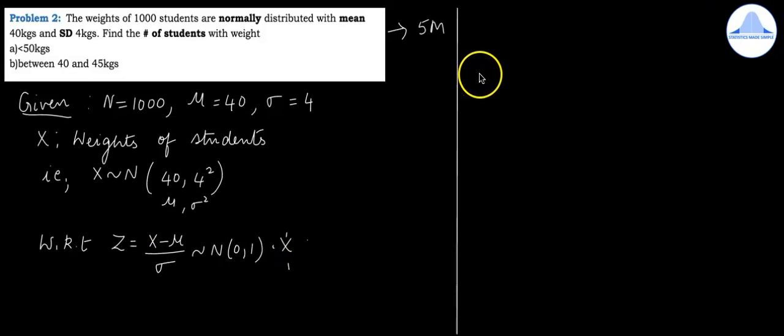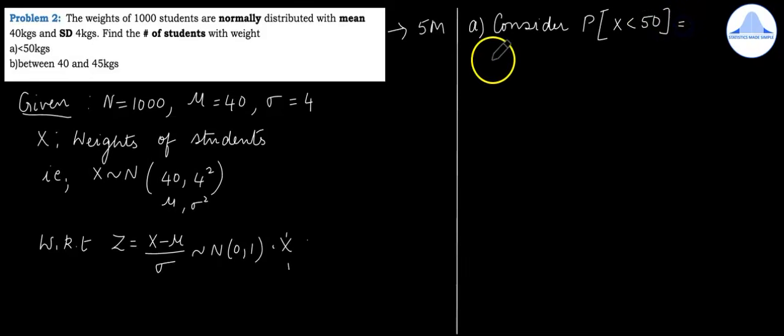So now let us start with the first subdivision. So what is the first subdivision? They have asked find the number of students with weight less than 50. So first we have to find out the probability. So write consider probability of X is less than 50. What is the next step? You have to standardize. What is standardize?